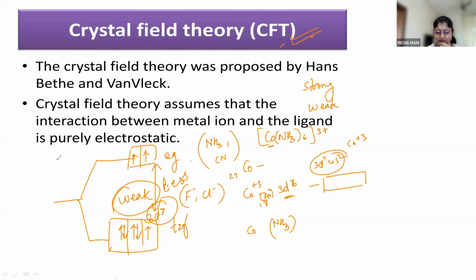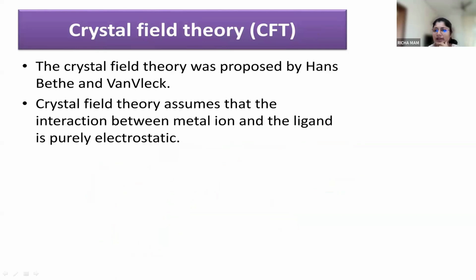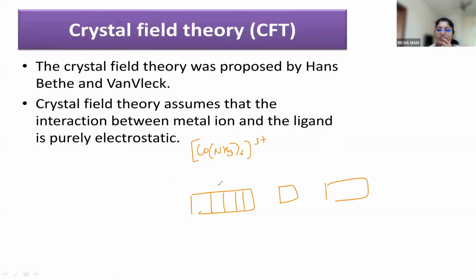Okay, fine. After that, what was the next step? Then we make availability of the ligand orbitals. So there was [Co(NH3)6]3+, right? So 1, 2, 3, 4, 5, and 4p orbitals. This is 3d, 4s and 4p.